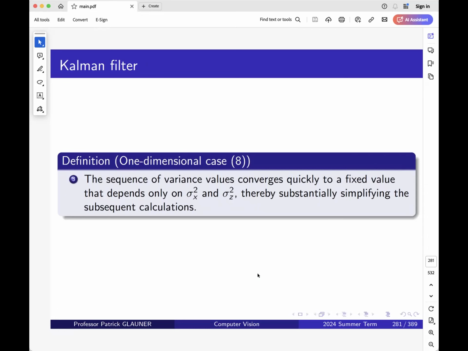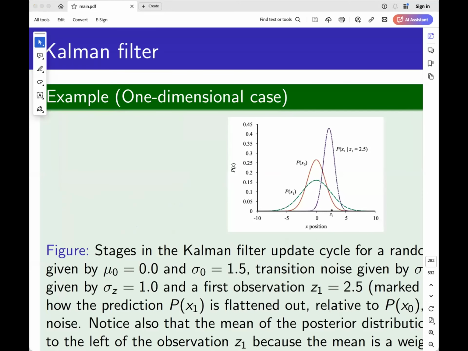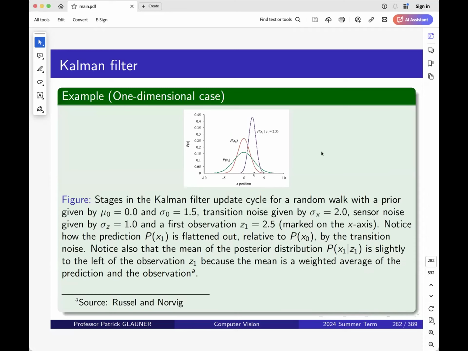There is a little example for you to maybe get more out of this. What we have is a Gaussian distribution for x0. So it's this distribution in red in here. It has a mean, so mu0 is 0, and it has a variance of 1.5, so the variance in x0.